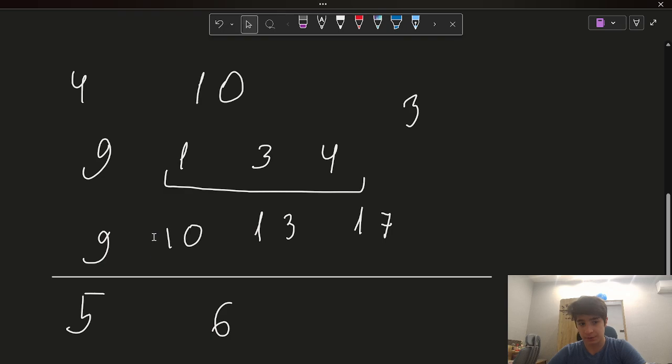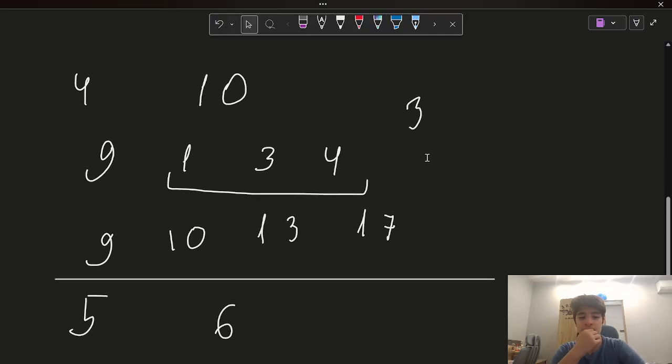It's still less. I would do j++. I get 13 minus 9 is 4. I do 17 minus 9 is 8. And still less, yep. It doesn't work on that one.